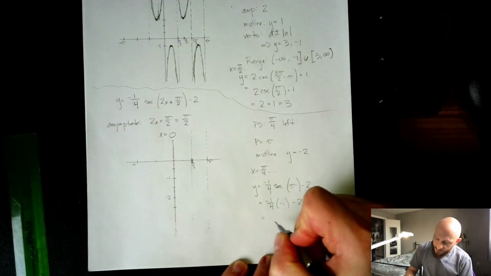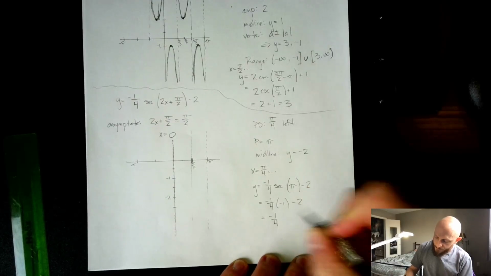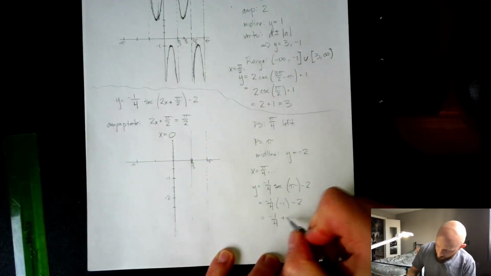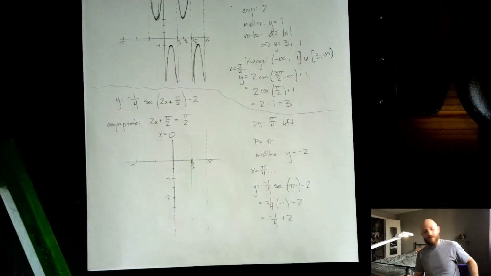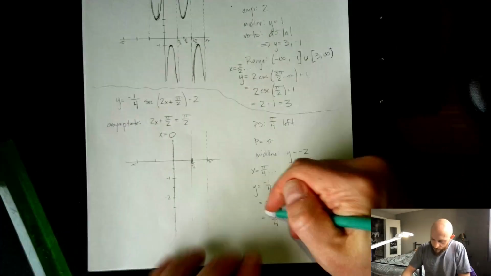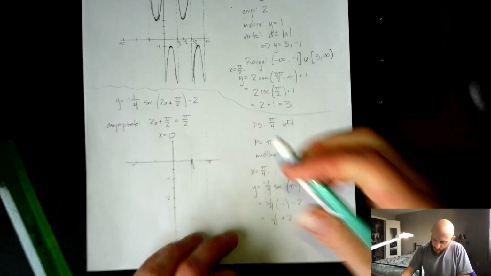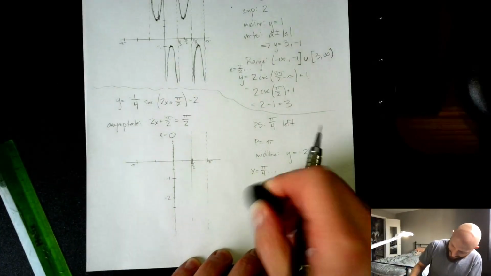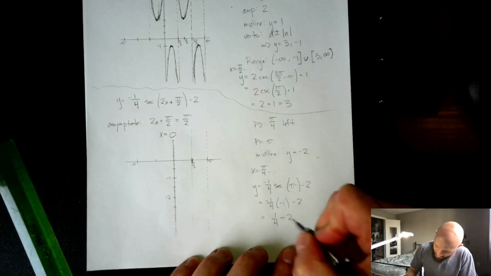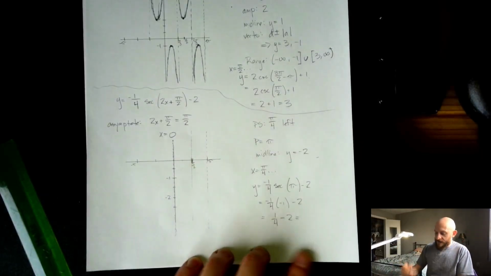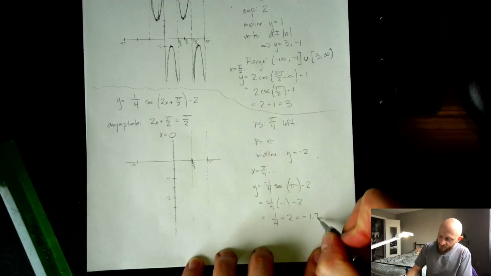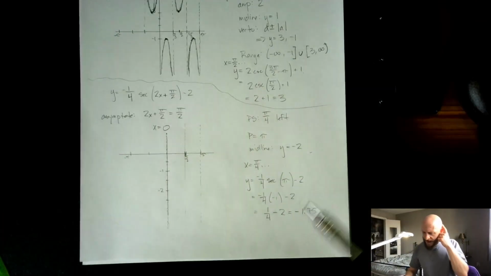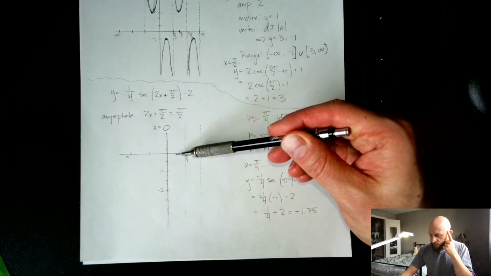This becomes +1/4, plus -2. So 1/4 minus 2 is -1.75, or -1 3/4. Which means that at x equals pi/4, there's a vertex at -1.75.